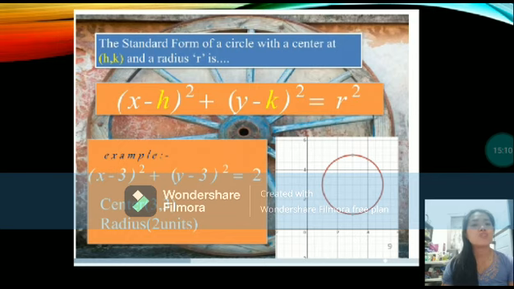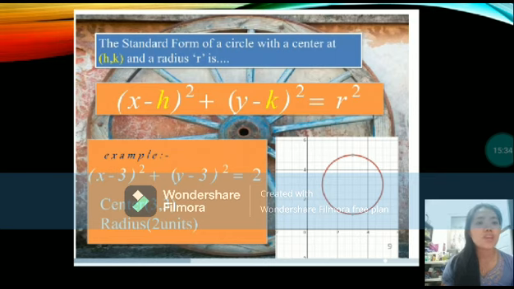There should be a square there on the last part, the 2. The answer should be x minus 3 quantity squared plus y minus 3 quantity squared is equal to 4, because the radius is 2 and 2 squared is 4. Okay, that's a typo error.